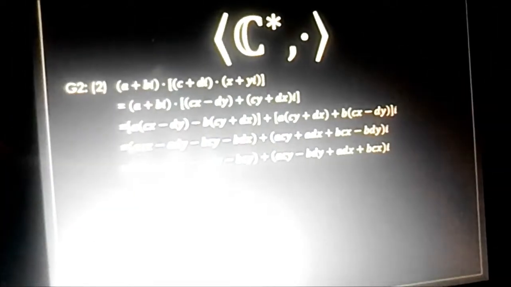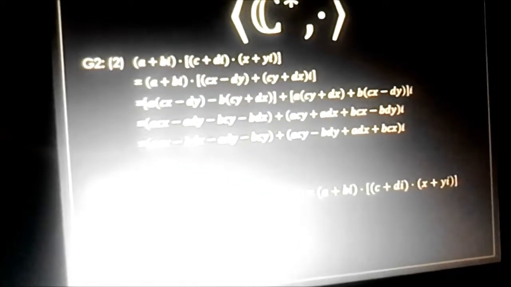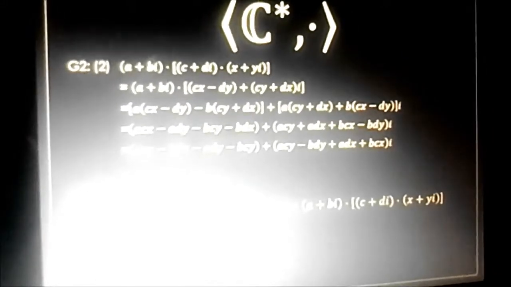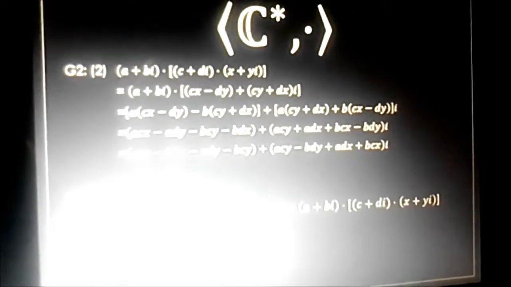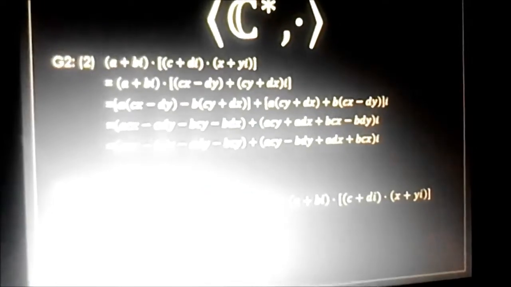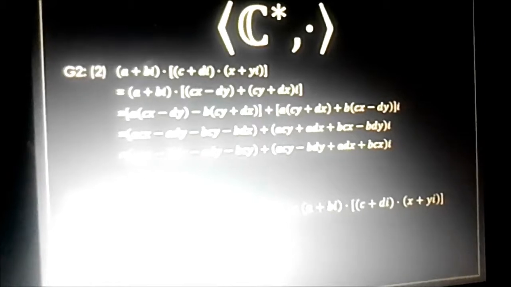Okay, let's continue. Let's prove the right-hand side of the associativity, in the property of G2, which is (a plus bi) multiplied by ((c plus di) multiplied by (x plus yi)).